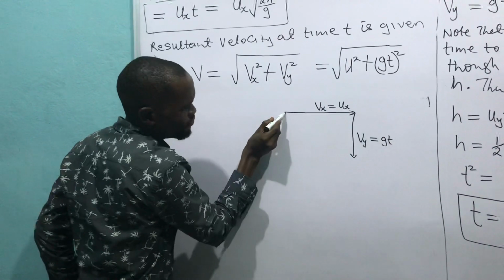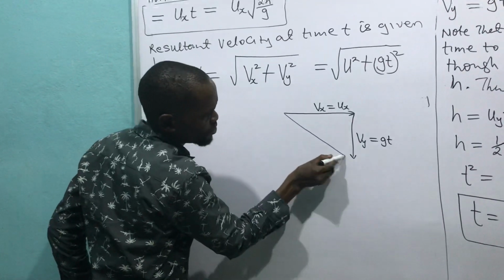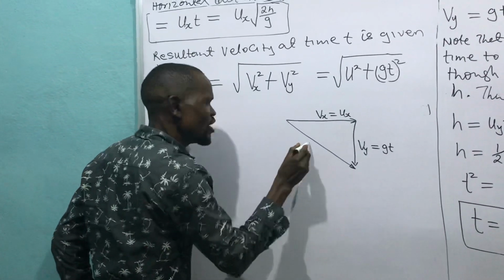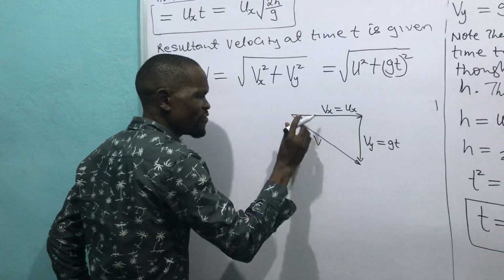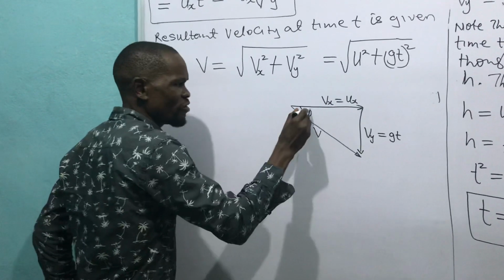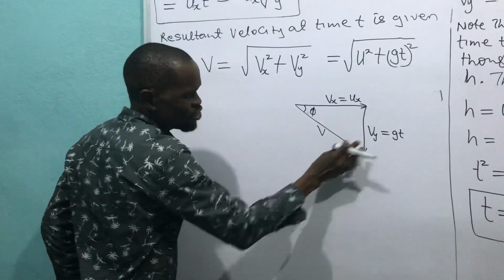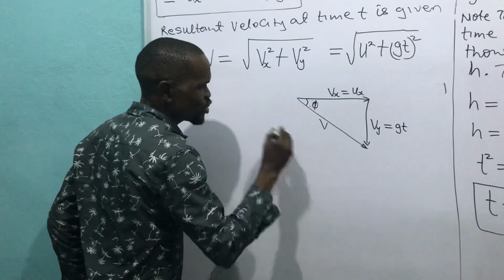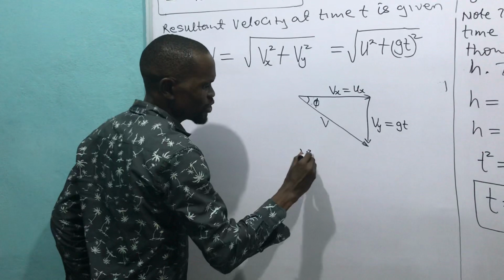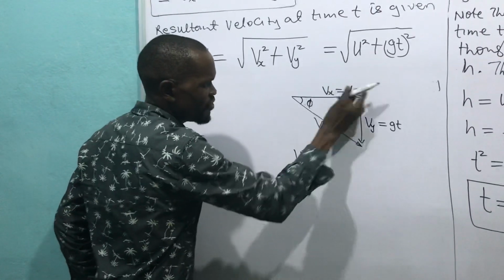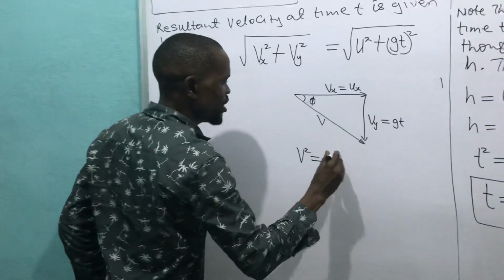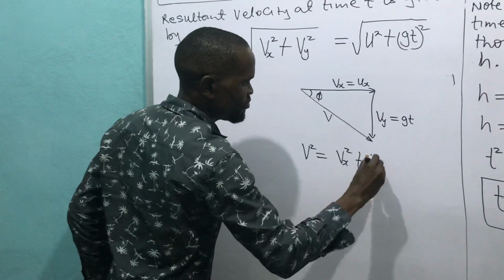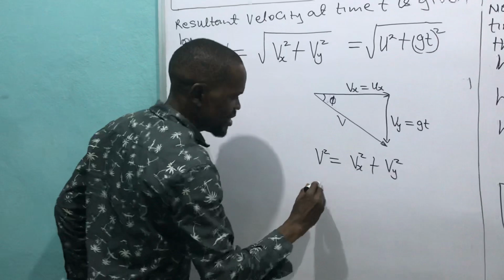Then the resultant velocity, which we call v, with theta, which we call phi, the direction of the resultant velocity. I can now use Pythagoras' theorem to say v squared is equal to vx squared plus vy squared.